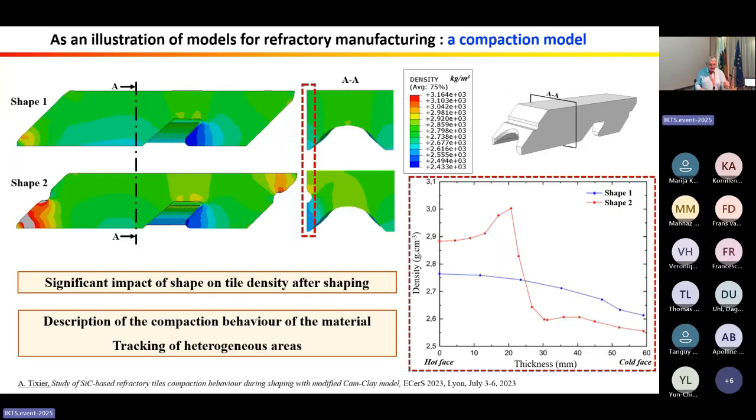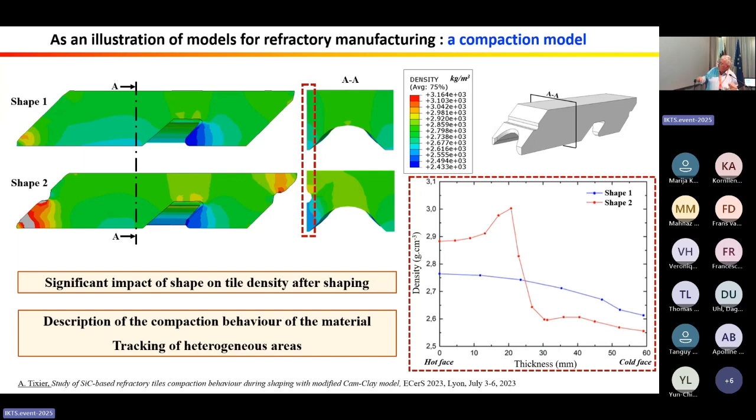What are the results? Here you have a mapping of the density of the materials. We observe in these two shapes, 1 and 2, a significant impact of shape on tile density after shaping. This figure represents the density versus the thickness between hot phase and cold phase.